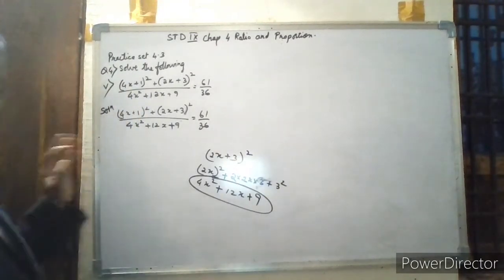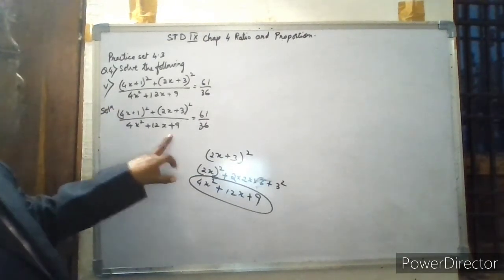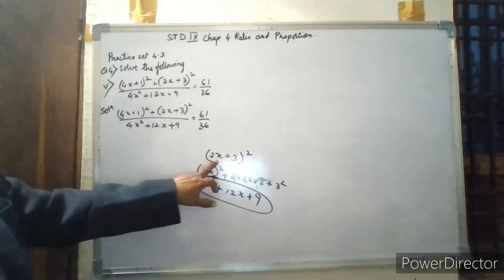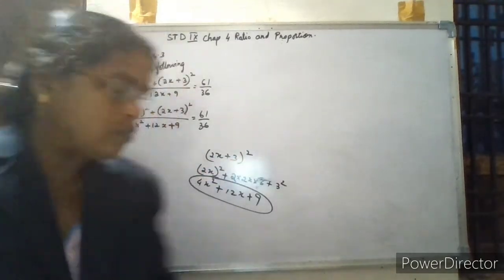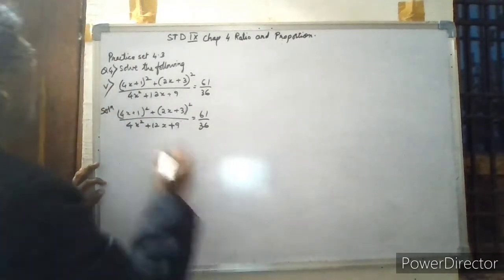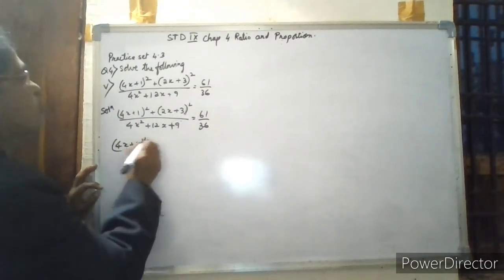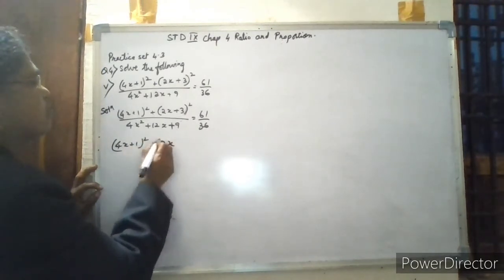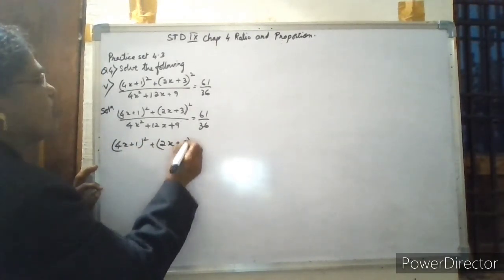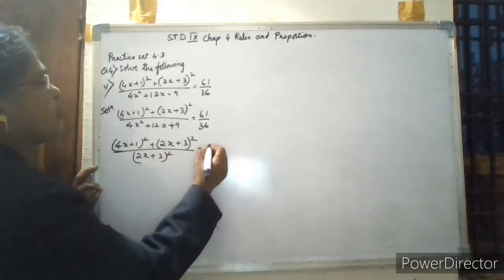So therefore we will replace it in the short form as 2x plus 3 the whole square. This one will be 4x plus 1 the whole square plus 2x plus 3 the whole square upon 2x plus 3 the whole square, equal to 61 by 36.